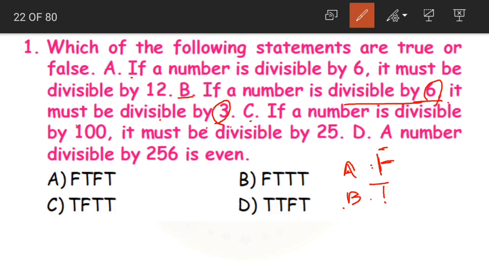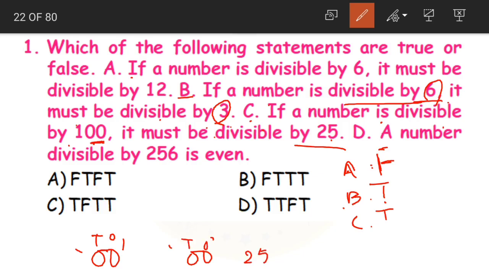Next, statement C. If a number is divisible by 100, then it must be divisible by 25. Option C is also true. For a number to be divisible by 100, it must have 0 in the ones and tens place, and for a number to be divisible by 25, it must have 0, 25, 50 or 75 in the last two places, children.